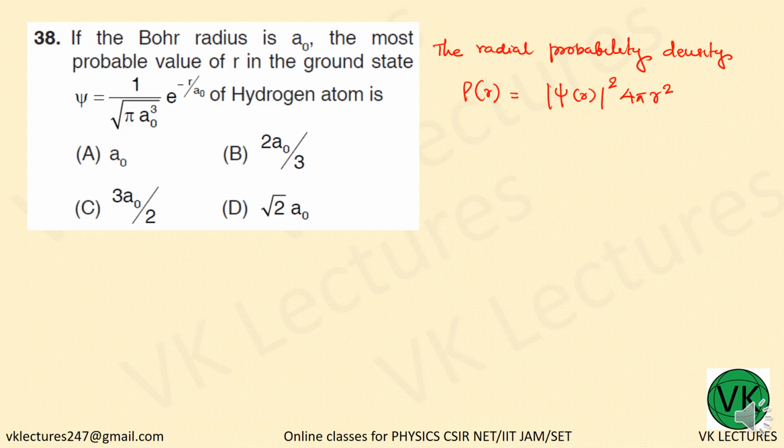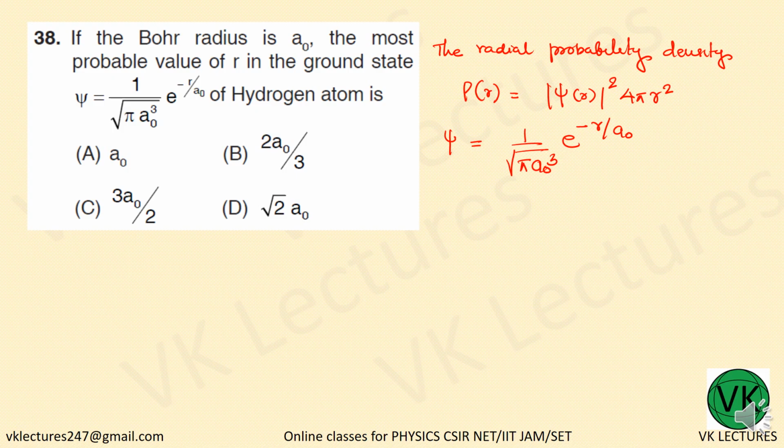Now we can substitute what is psi. The wave function psi is equal to 1 divided by root of pi a0 cube e to the power minus r divided by a0.